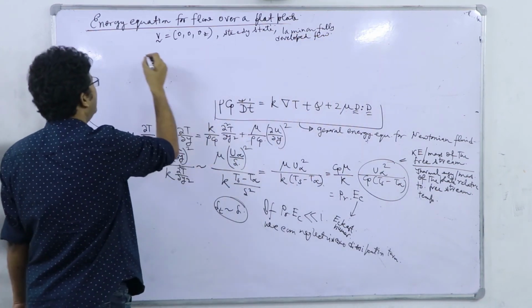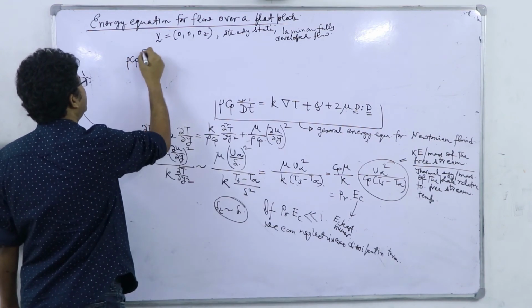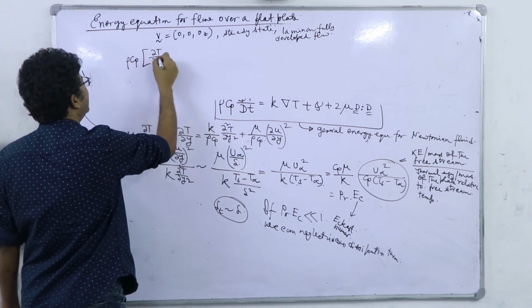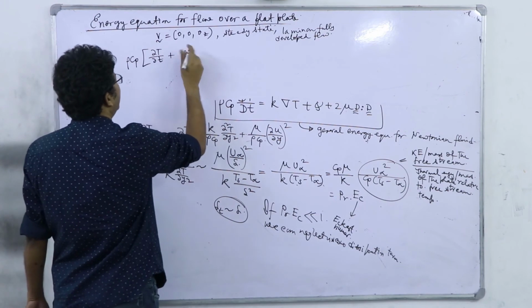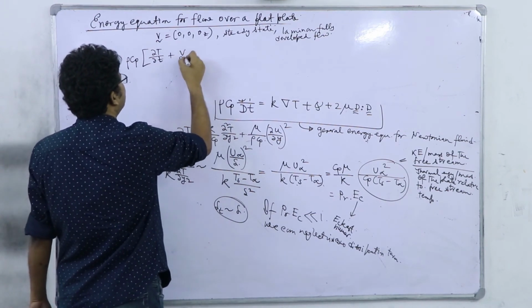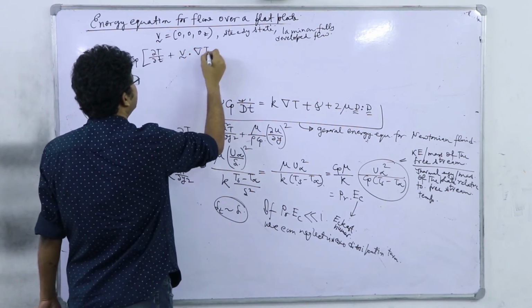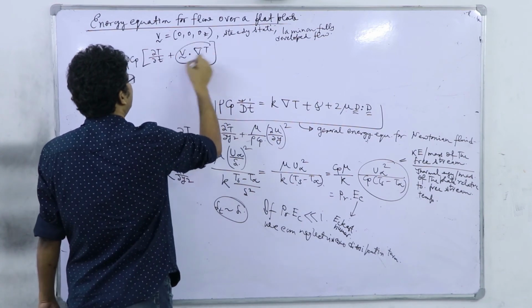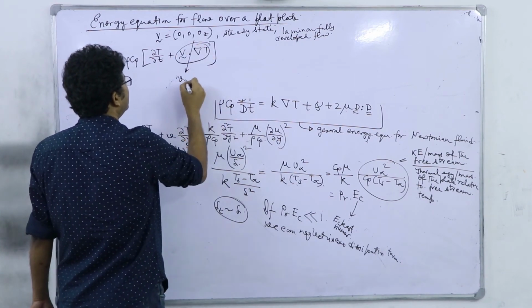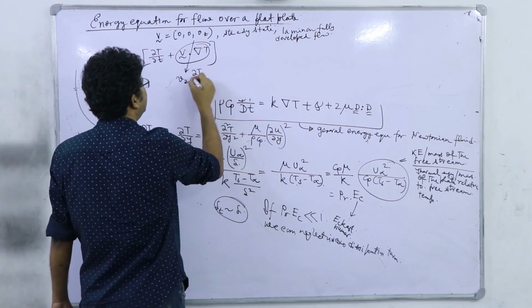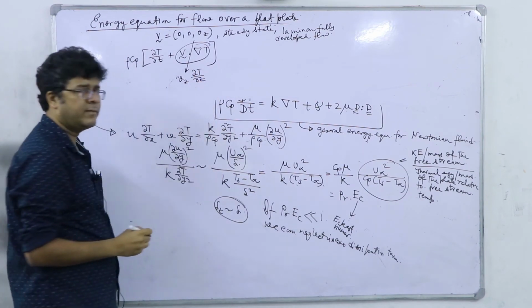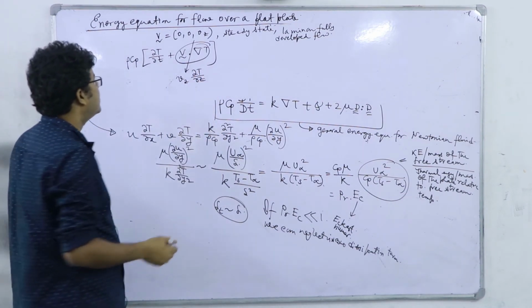So what will we have? Rho Cp del T del t, that term will be 0, and here V dot grad T will reduce to Vz into del T del z only, because Vr is 0, V theta is 0.